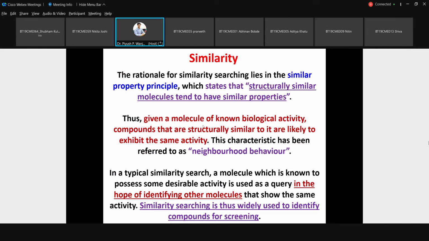It is not just your assumption; it is known that molecules similar to a good one will also have a good amount of biological activity. This concept is called neighborhood behavior. So if you already know some compound which is good, you can use the similarity search method and hope that you will get other compounds which can be good for your own purpose.